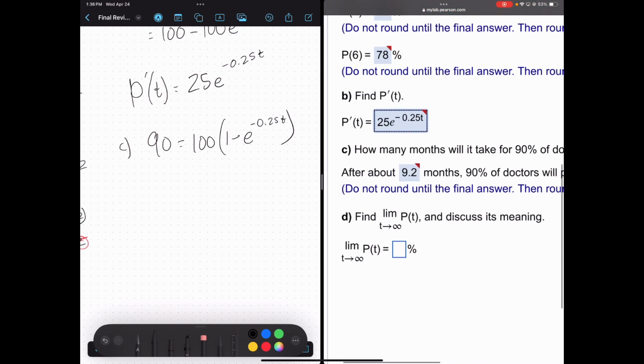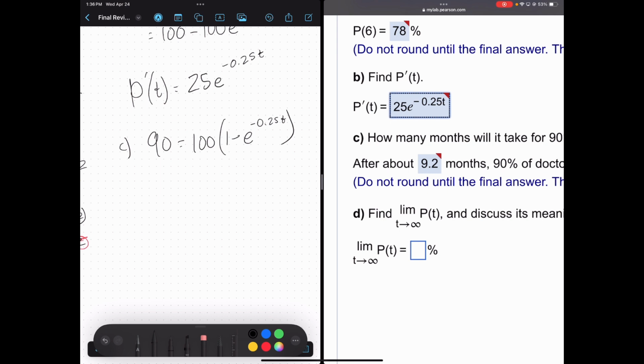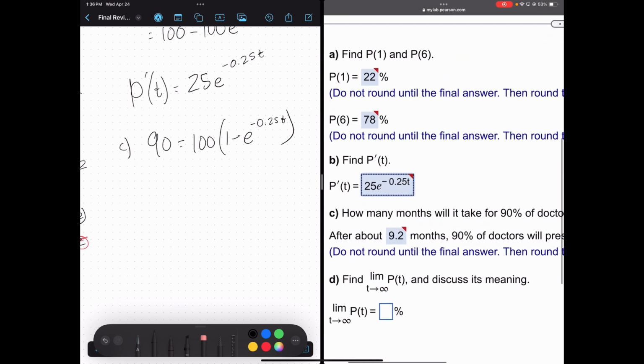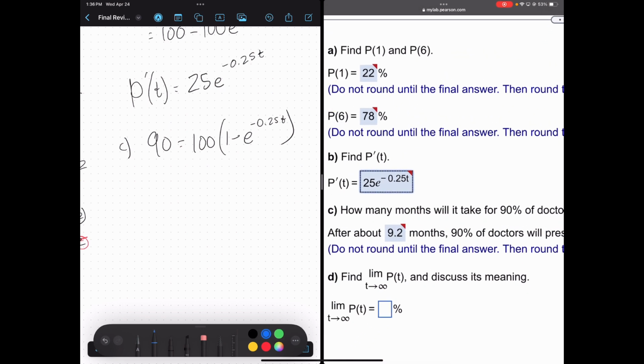Part D. What happens if I let t approach infinity? What's going to happen to my function? We can see my function right here. What's going to happen to this function if I let t get infinitely large? Okay, is it going to go to infinity?